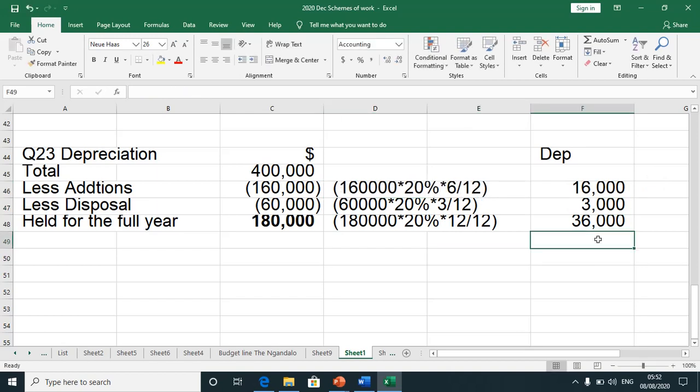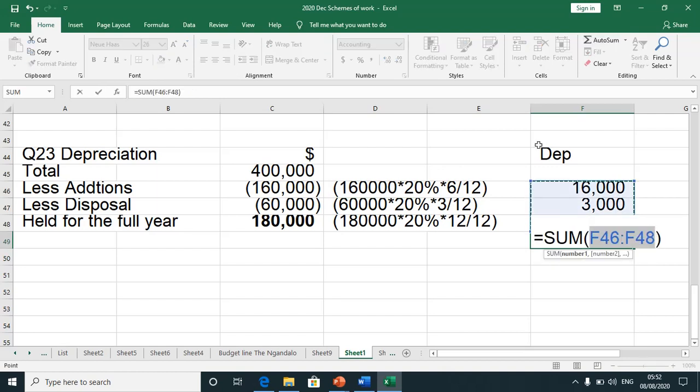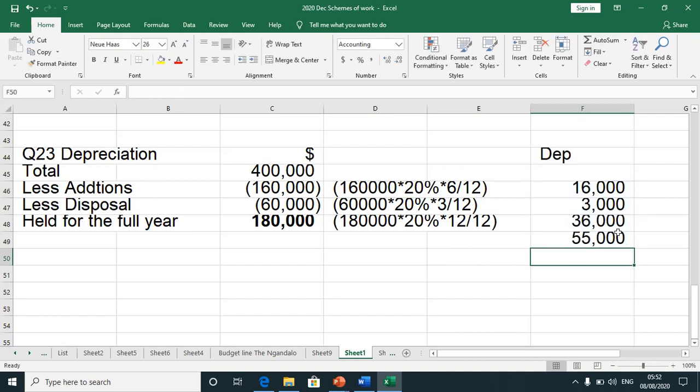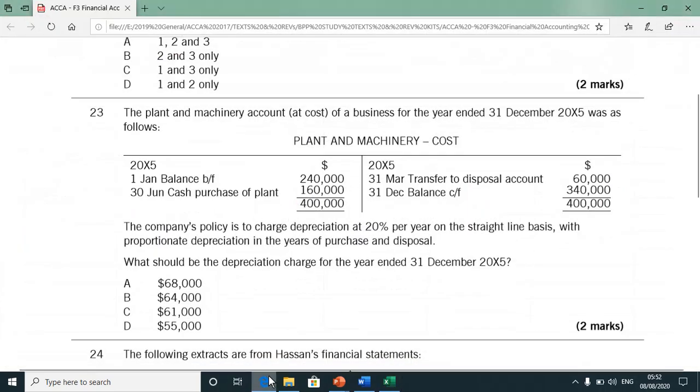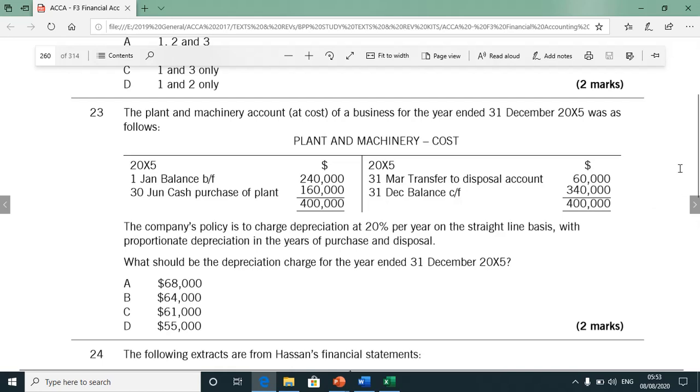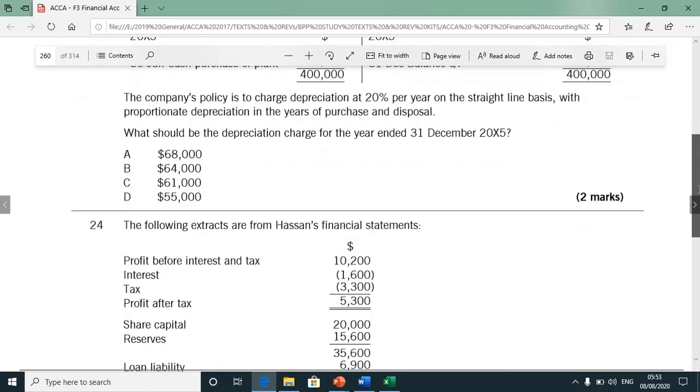Let me sum up and see how far I go. So I'm getting a 55. I hope you're getting the same figure there. D is the answer. Let's progress to the next one.